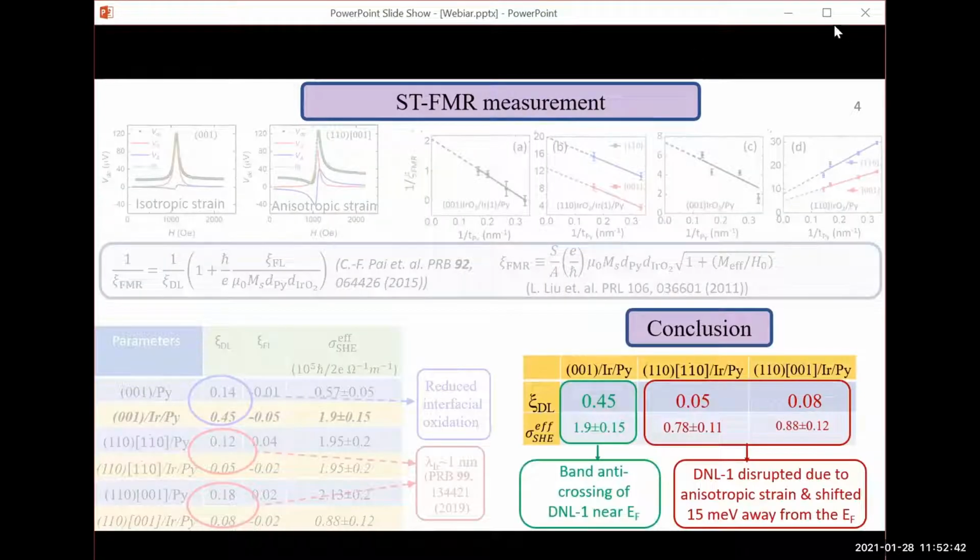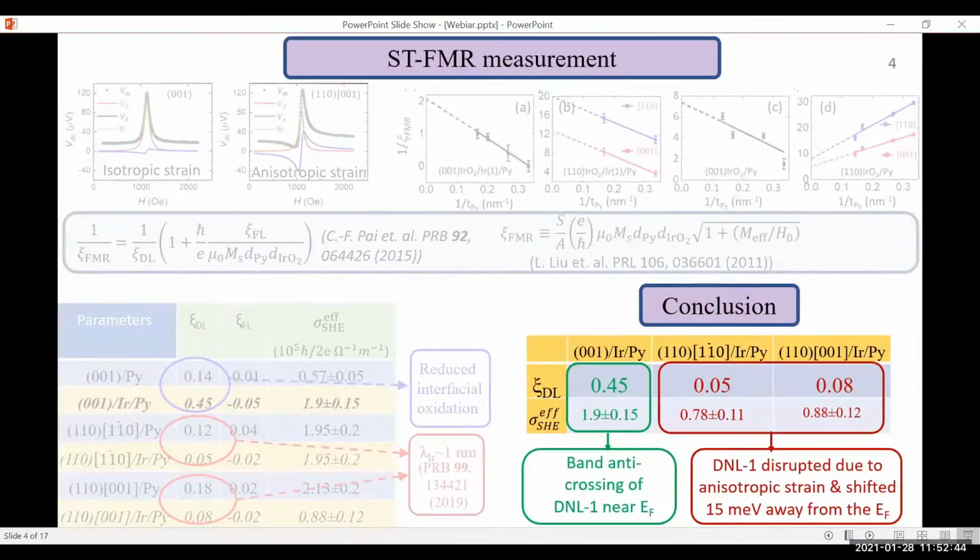No, the conductivity is not similar. It is quite different. There is a prefactor of 10⁵ multiplied with this, so spin Hall conductivity is a parameter which is significantly different between these two.